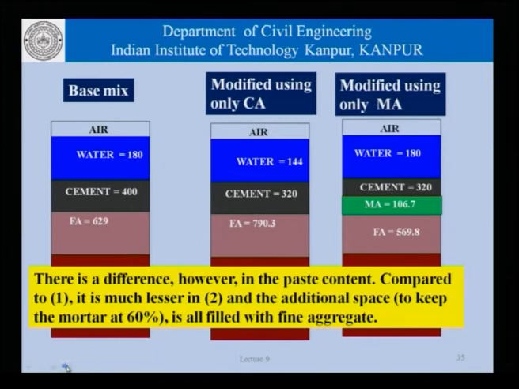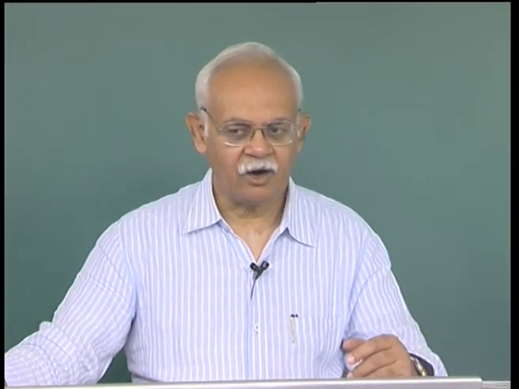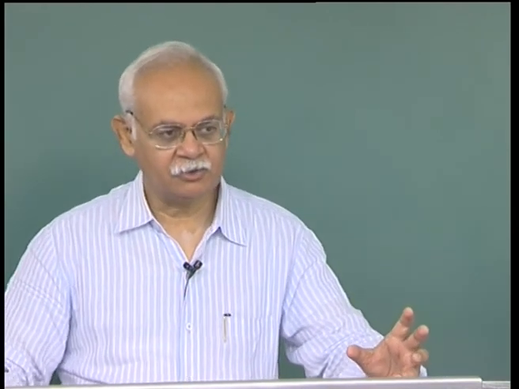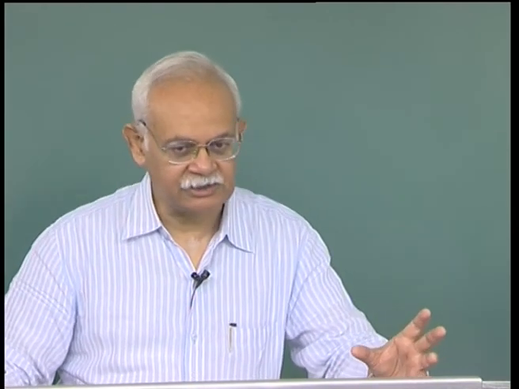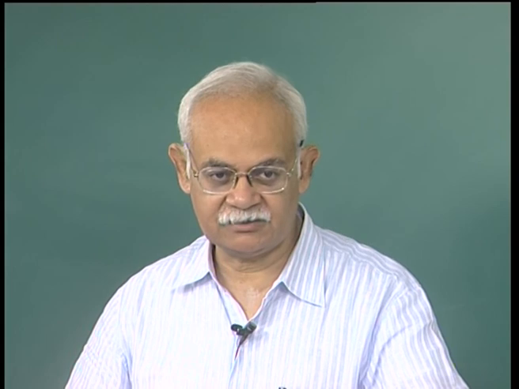So, I am not going to discuss this aspect too much, and would leave it to you to look at these 3 mixes and see how the volumetrics has actually changed, how the paste volumes have changed, how the mortar volumes have remained constant, and therefore, the required sand volumes have changed.